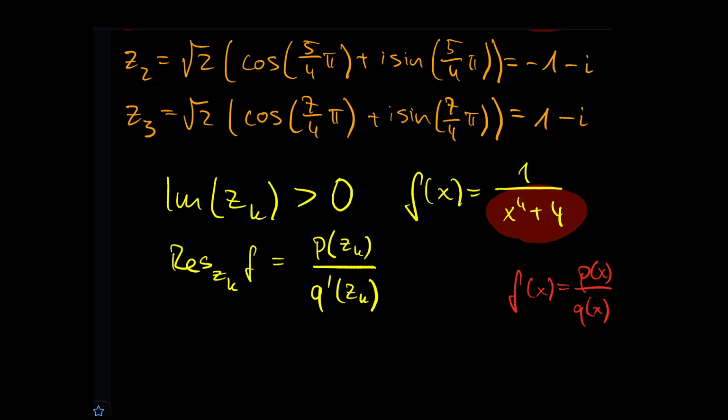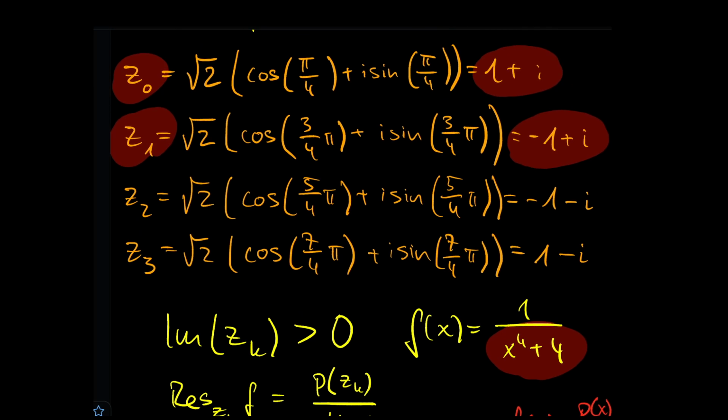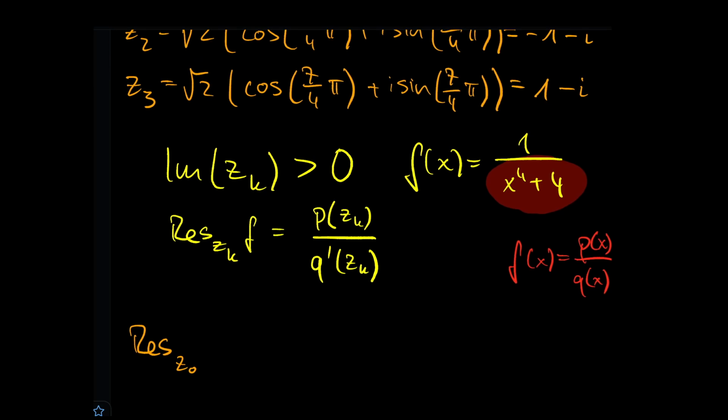So what we get is that in our case we have the residue of, let's say, z0 is our first residue. The residue at z0 of the function f is p of z0, which is just 1, divided by the derivative of the function here, which is just 3 times x, sorry, not 3, 4 times x to the power of 3.